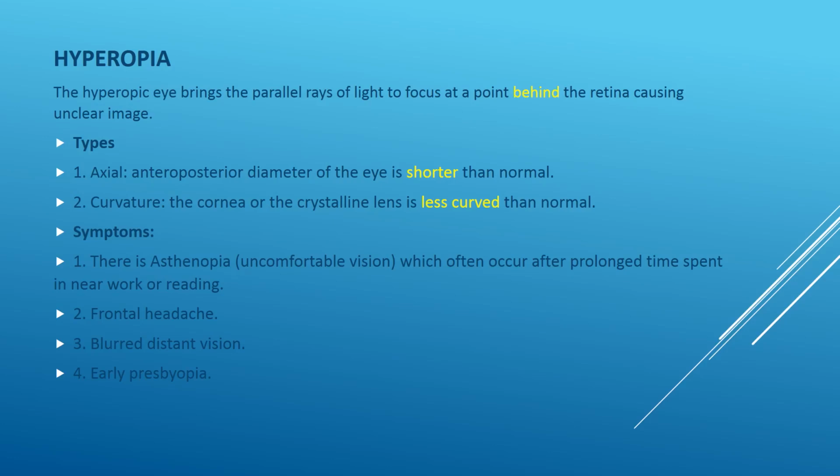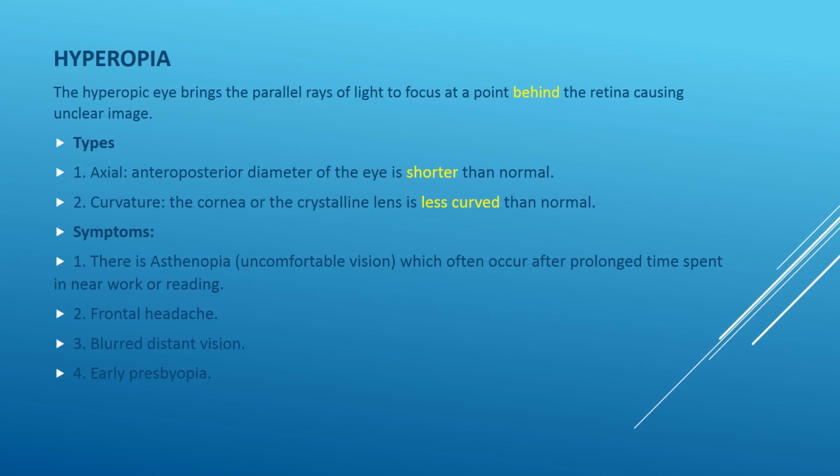Hyperopic person usually have difficulty in near vision, but there may be a problem in seeing clearly at distance, also especially when getting older. Near vision always blurred more than distant vision.